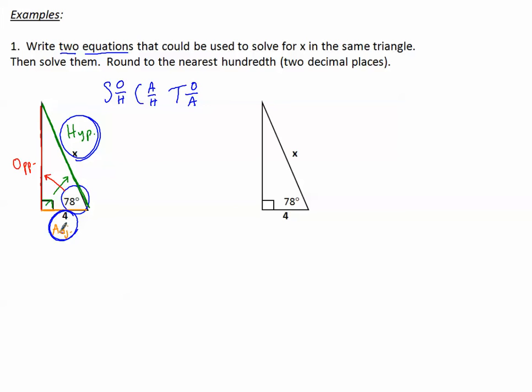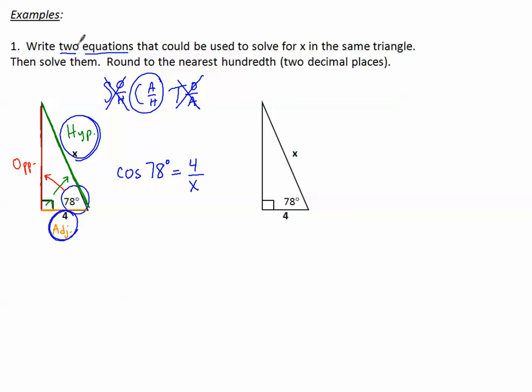So I need to use adjacent and hypotenuse. The opposite, no. This has opposite and this has opposite. Adjacent and hypotenuse is cosine. So from this angle of 78 degrees, I can write cosine of 78 degrees equals adjacent comes before hypotenuse. So adjacent over hypotenuse. And there's my first equation.